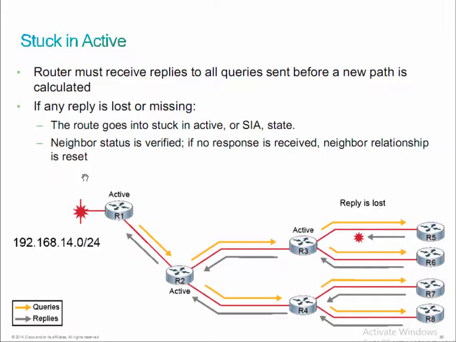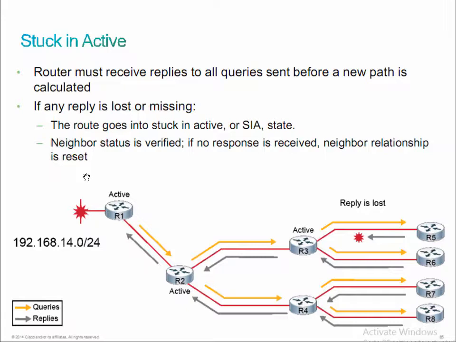We know that EIGRP uses reliable multicast packets to search for an alternate route through the query process. But during that process, EIGRP cannot make a decision until it receives a reply for every single query that it generates in the network.